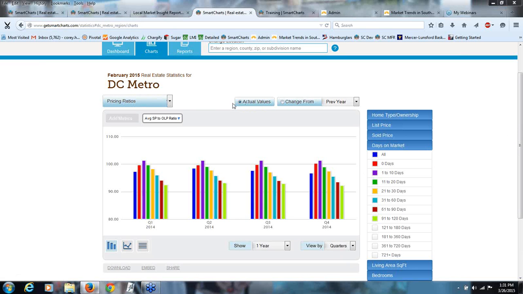So to back up again on how Smart Charts can be used, this is a supplement to your CMA. It augments your brand, because the number one question you're going to be asked is, how's the market, what's going on around here?